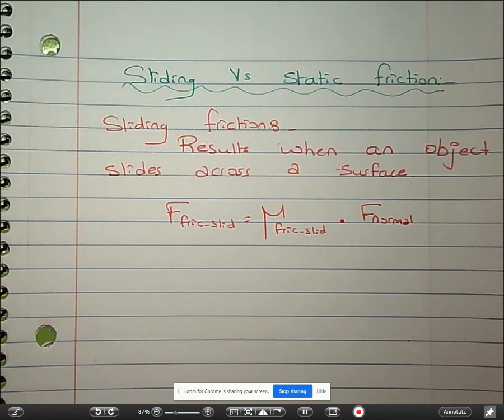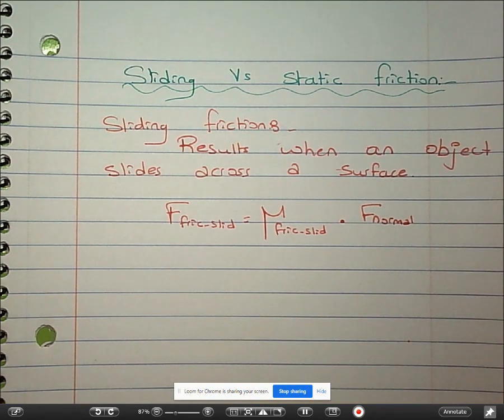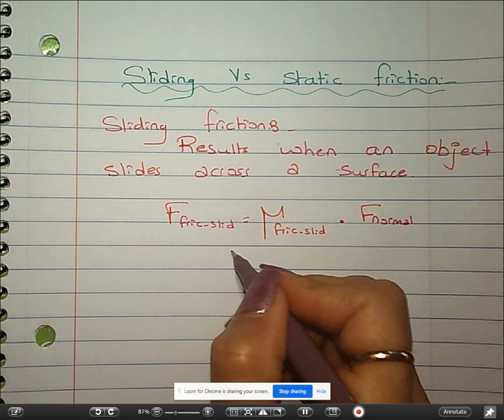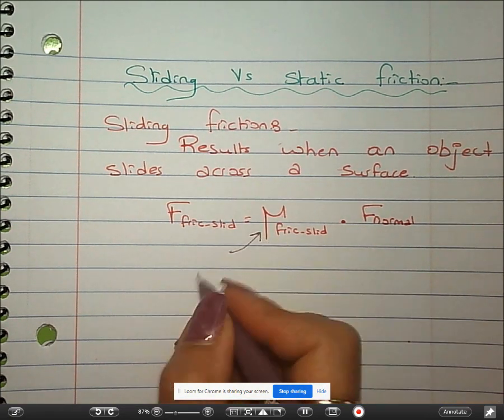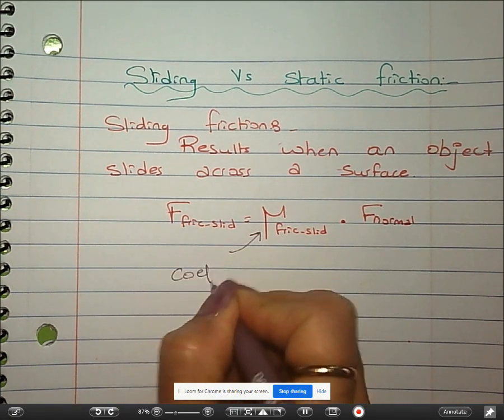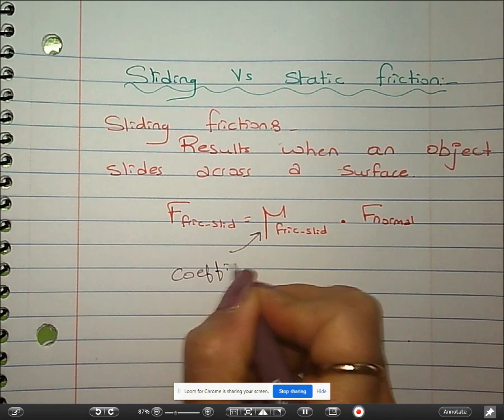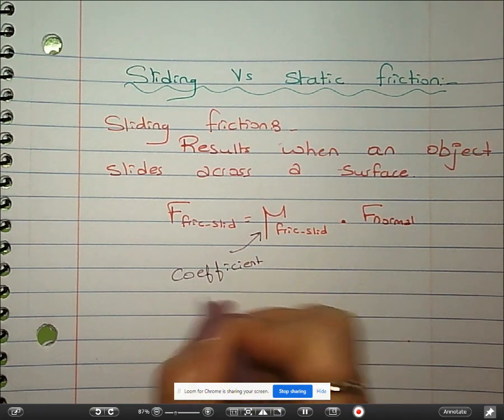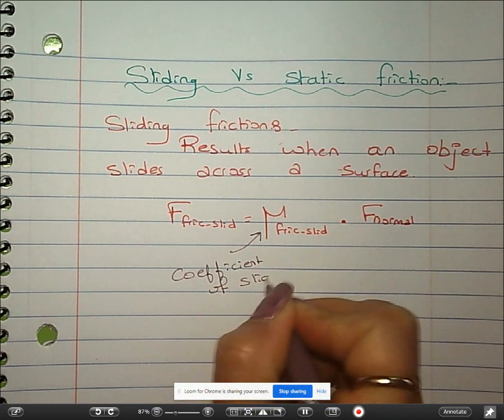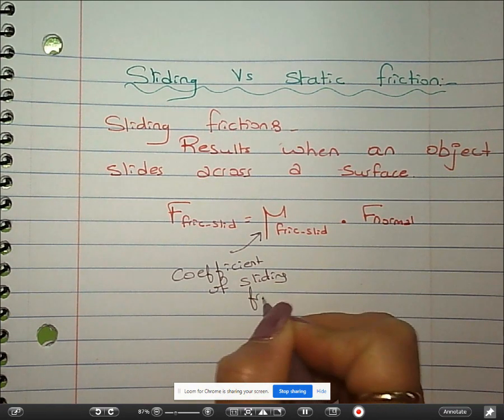So this is your coefficient of sliding friction. Every surface has a coefficient to it.